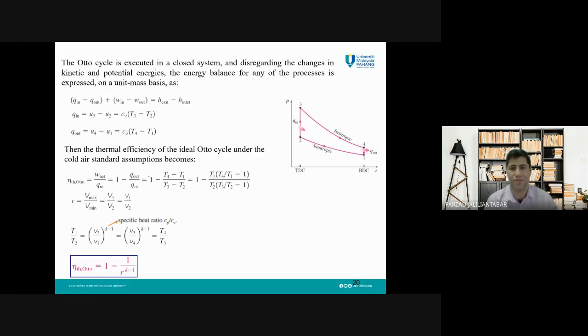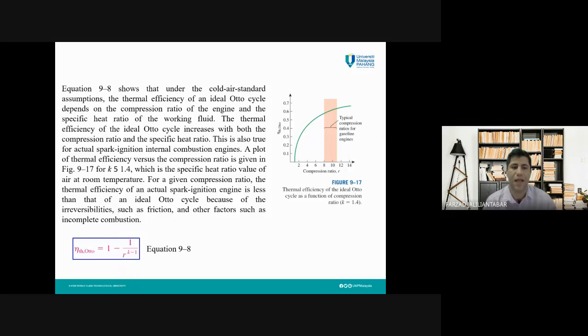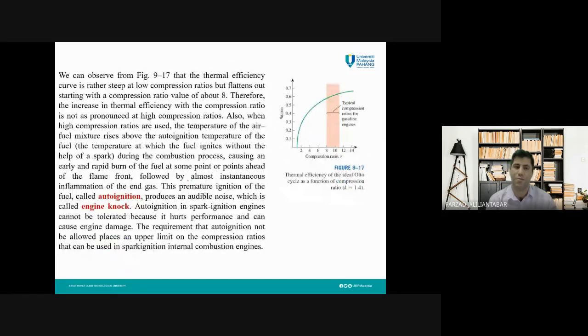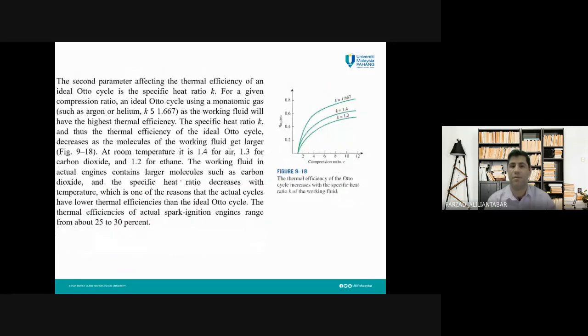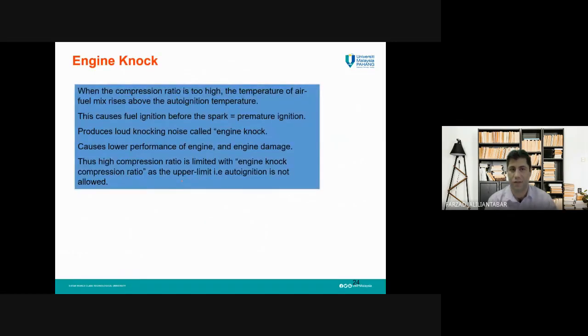We go through the calculation. We will calculate the thermal efficiency of the Carnot cycle and the Otto cycle, which is the thermal efficiency of the gasoline engine. Finally, we will see the maximum possible thermal efficiency of this type of cycle, how we can calculate it, how we can improve it, and what parameters affect this thermal efficiency.